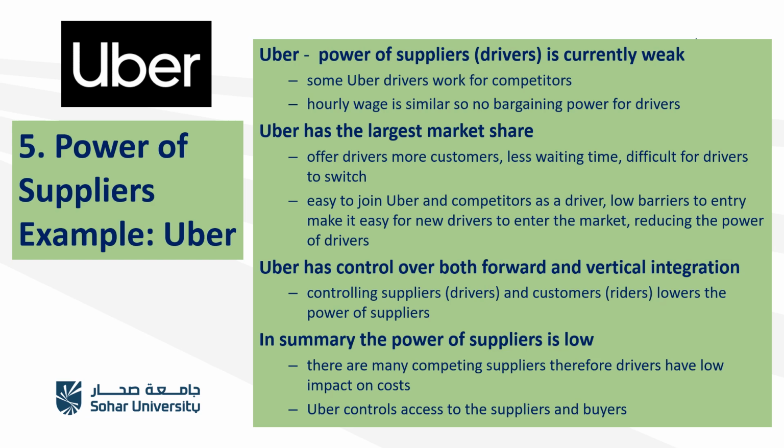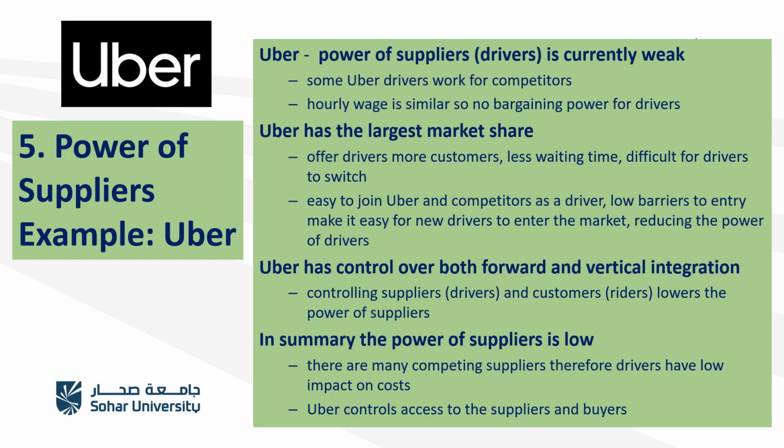Uber has control over both forward and vertical integration. Controlling the suppliers, which are the drivers, and the customers, the riders, lowers the power of suppliers.